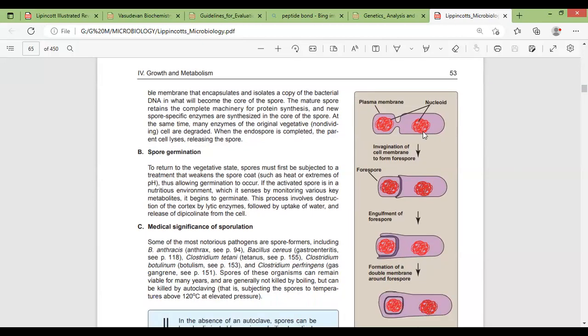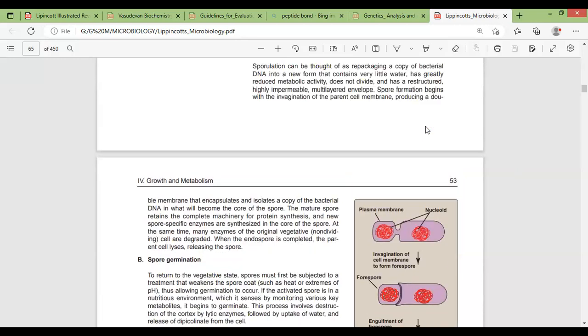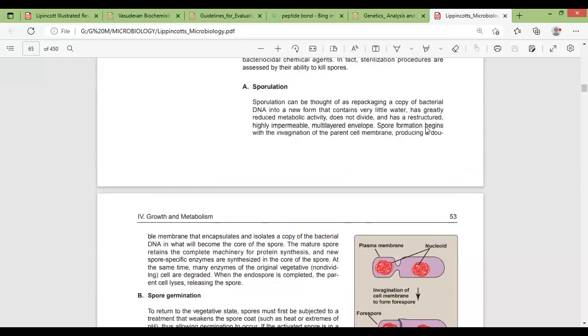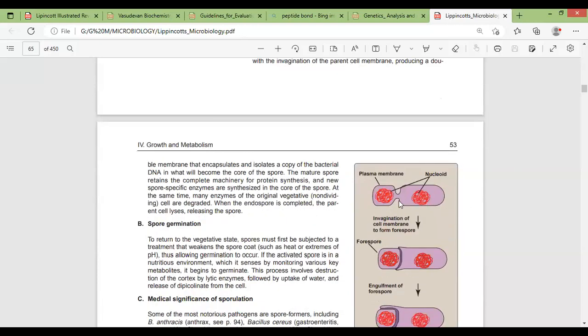So here we are. We said the nucleus is where the chromosomes are concentrated, right? Now you can see there's some invagination, or rather some separation. Let's just say separation, right? We separate the cell into two parts.